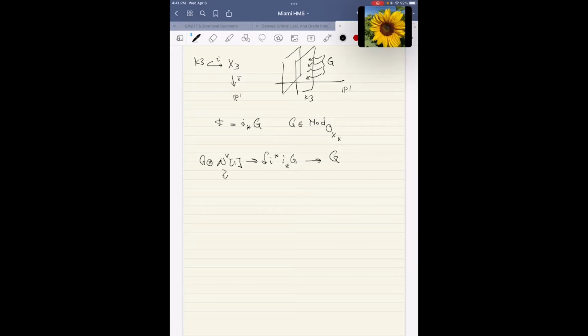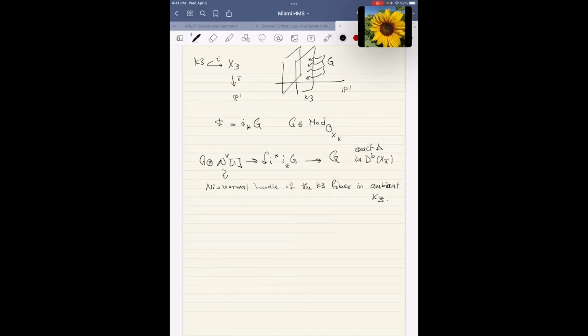So here N is the normal bundle of the K3 fiber in the ambient X3.